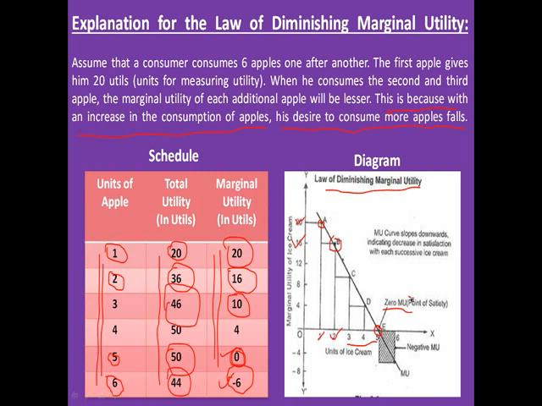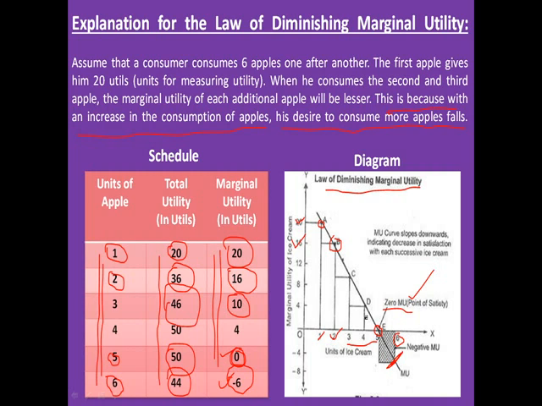So this is the point of saturation. If you increase your level of consumption further, then for the sixth unit of consumption you are having negative utility.